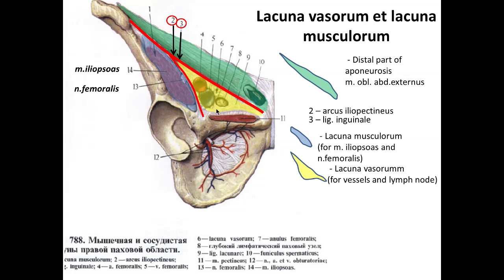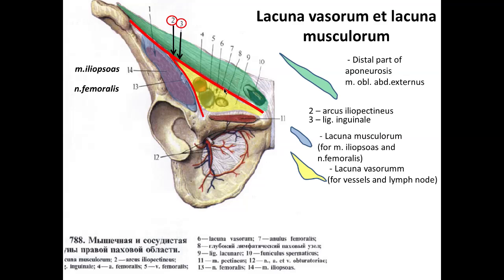And also, number 8 demonstrates a lymph node. Sometimes we can read in the textbook that it's the lymph node of Pirogov. It was described by the famous Russian surgeon and anatomist Pirogov.